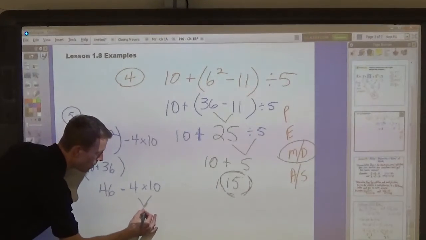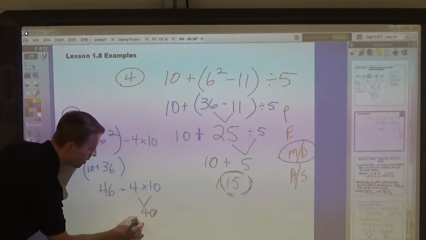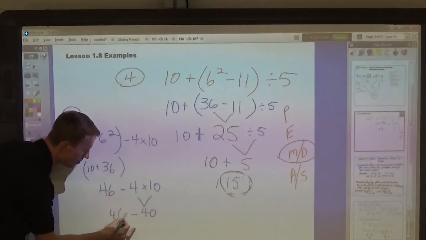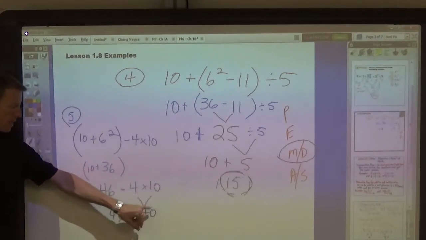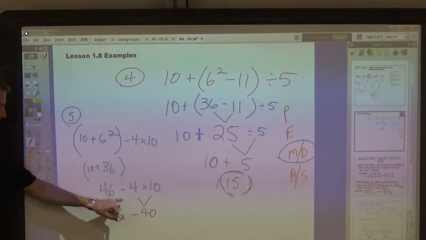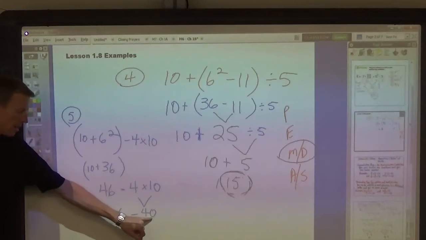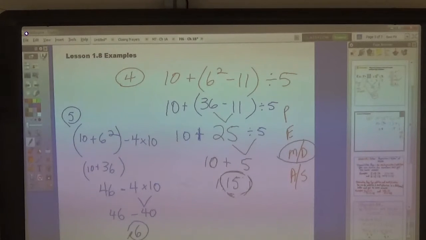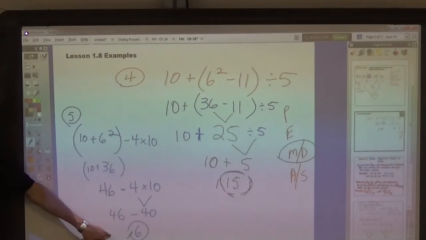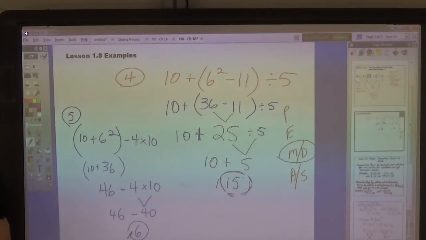We have to finish step 3 before we do step 4. So this is what your paper should look like. Do 4 times 10 is 40, and then do 46 minus 40. And that equals 6. So number 5, this is what number 5 should look like. And if yours looks different, then copy this one. Okay?